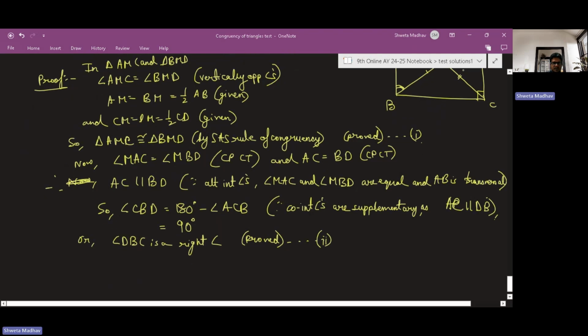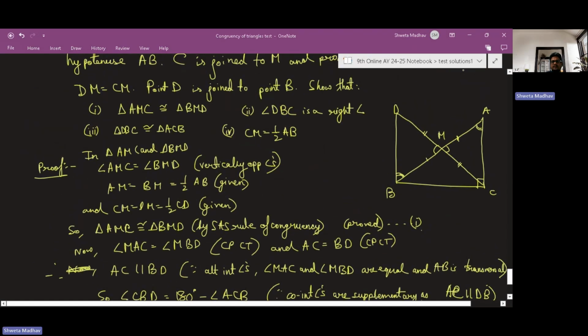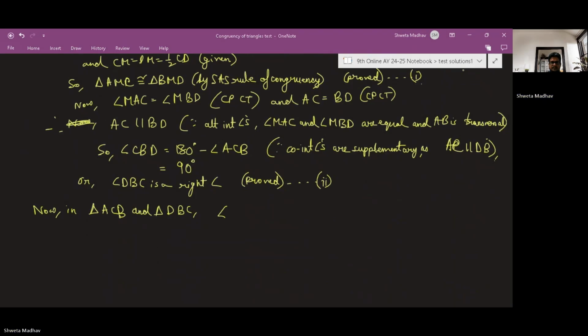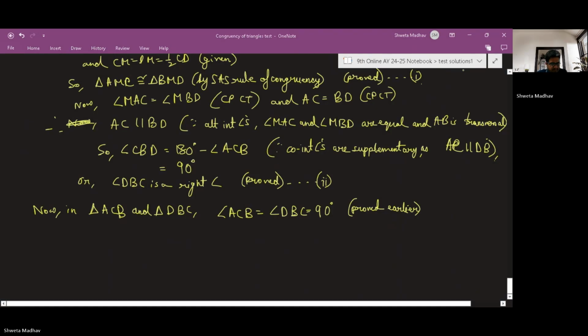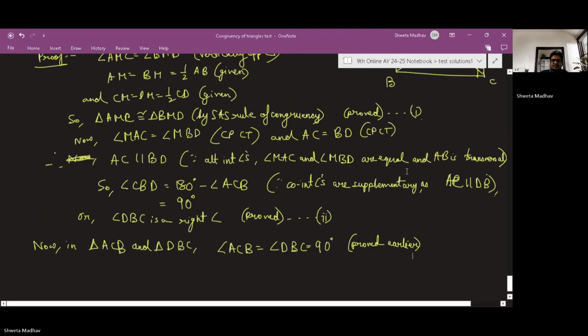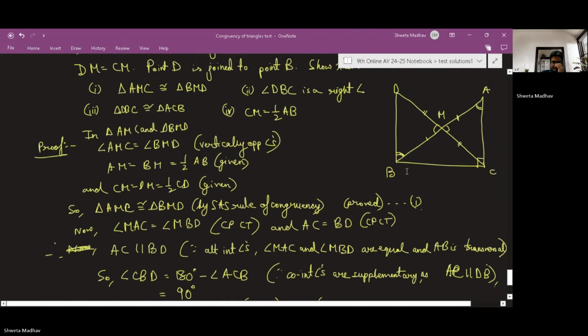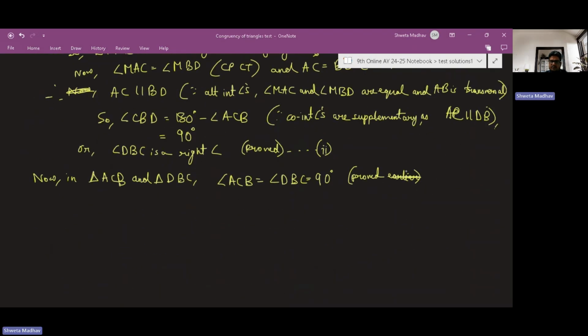Now we can see in triangle ACB and triangle DBC, angle ACB is equal to angle DBC, equal to 90 degrees, which is proved above.